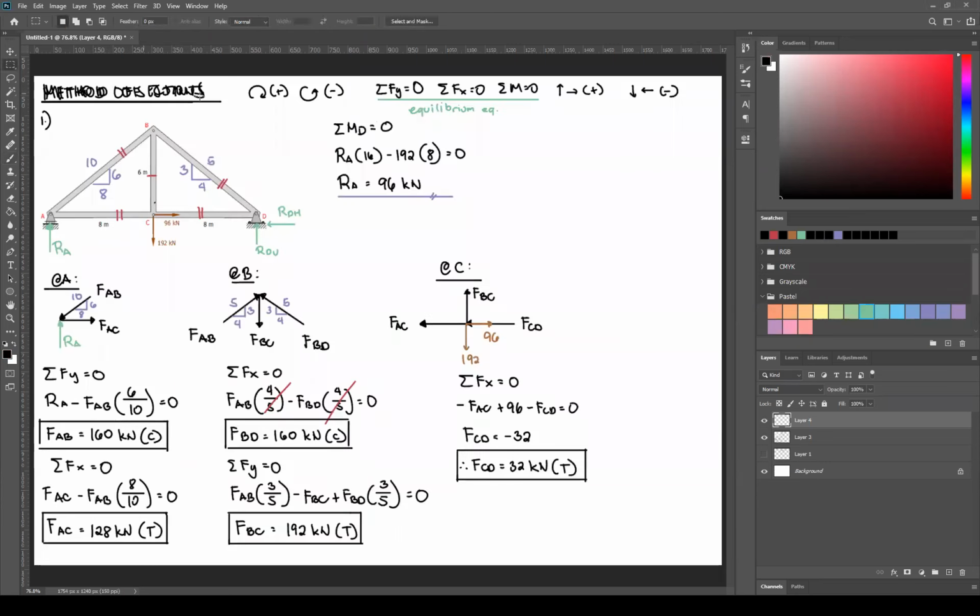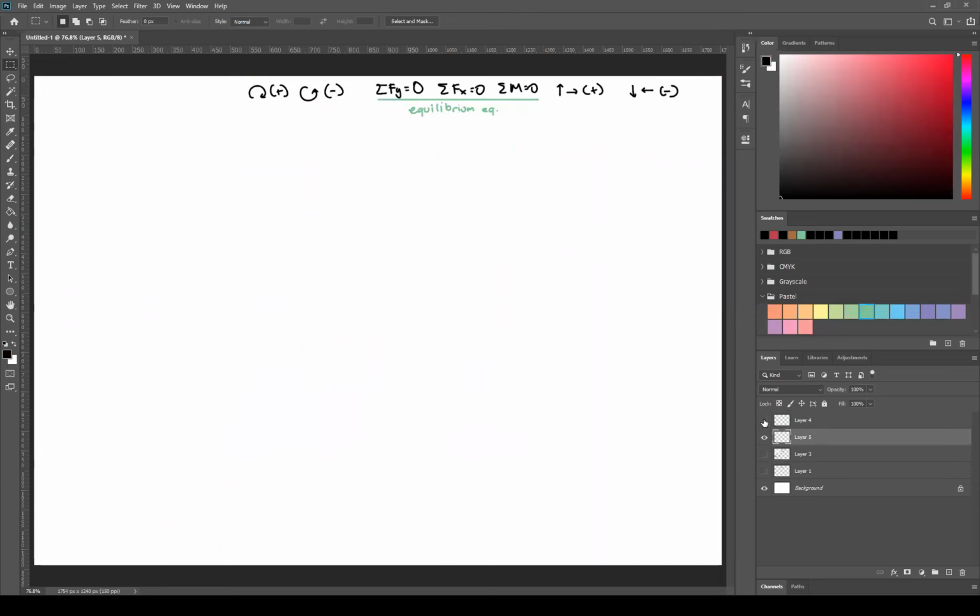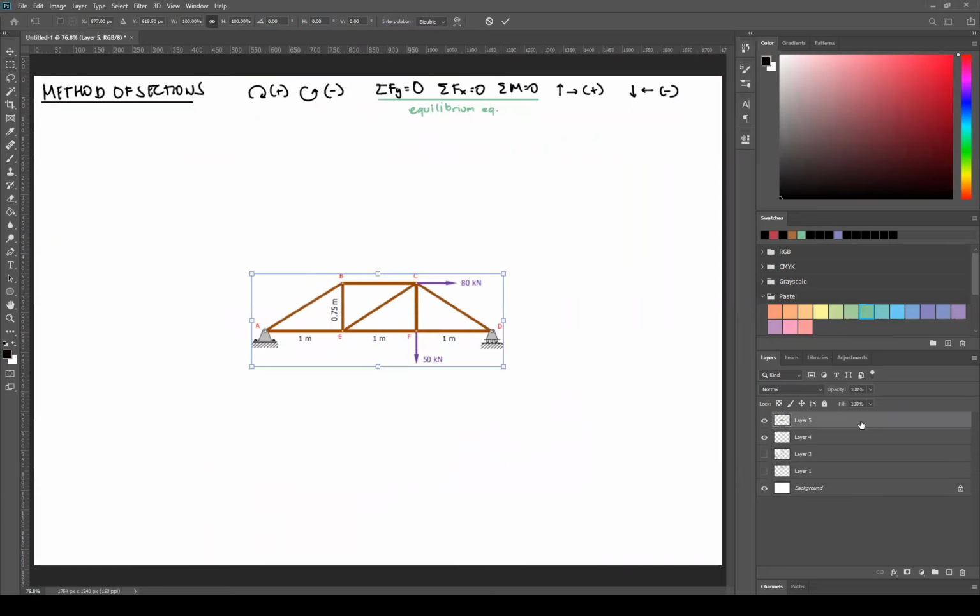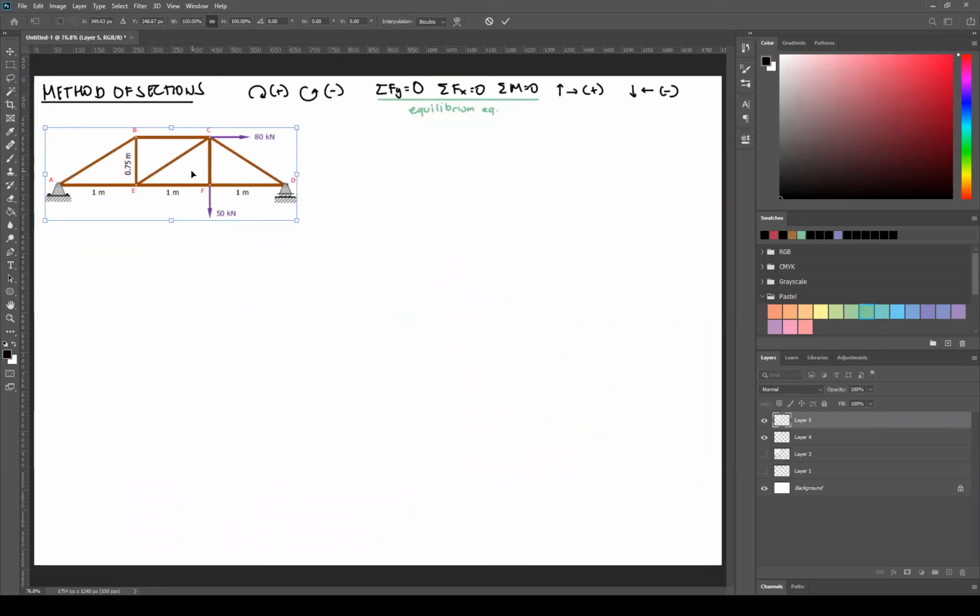Let's copy these equations for our reference, then this drawing. Again, what we want are forces in members BC, CE, EF.